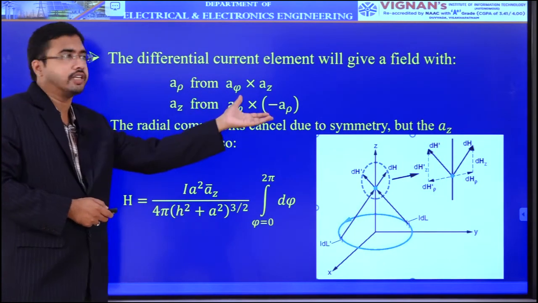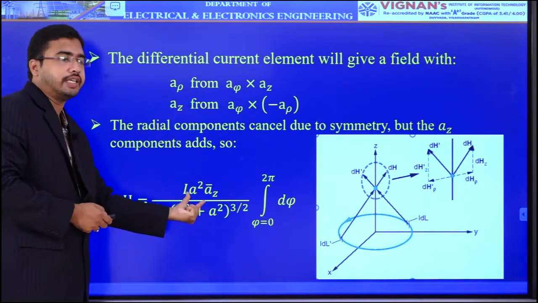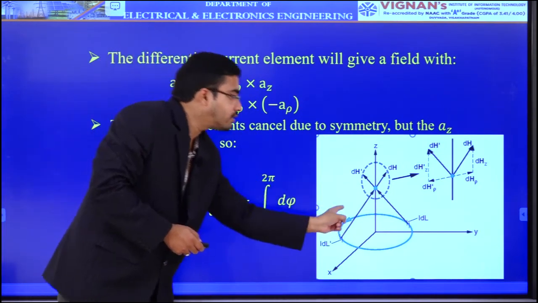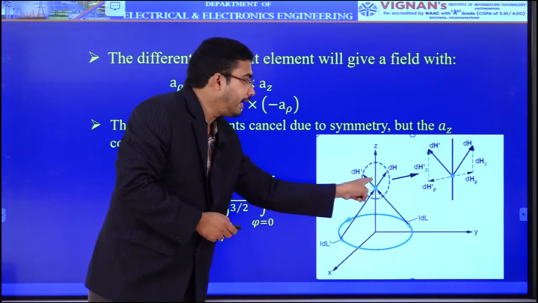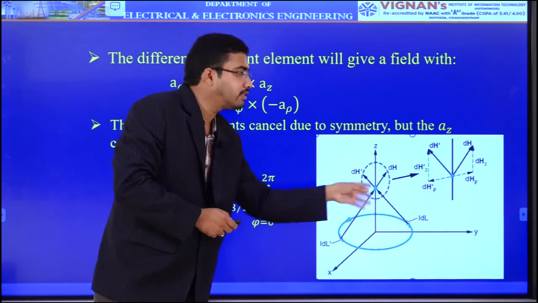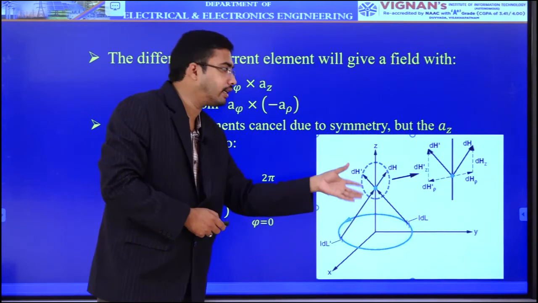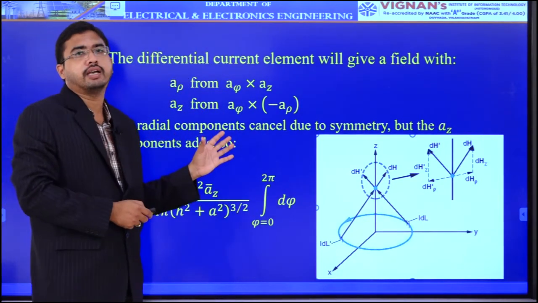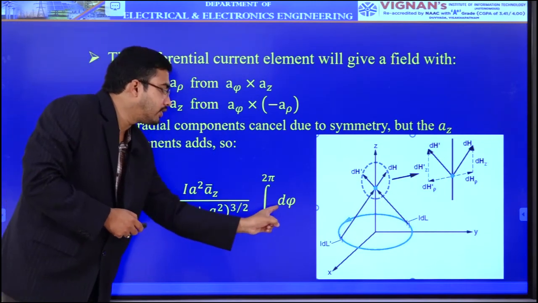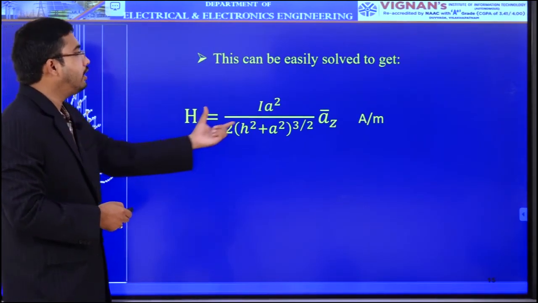If I substitute the previous terms here, and also solve the cross product of the two vectors and substitute, we already know from the previous first unit derivations that for a circular current carrying loop, the radial components at this point P are all symmetrical and will cancel each other, so the rho component will be neglected and only the z component will be considered. If you consider only that, and substitute the limits, phi from 0 to 2 pi, then your equation will improve like this.